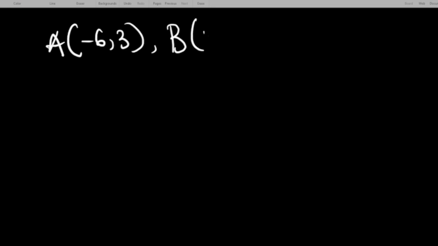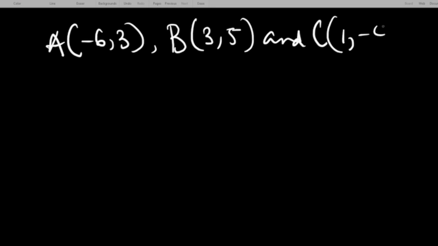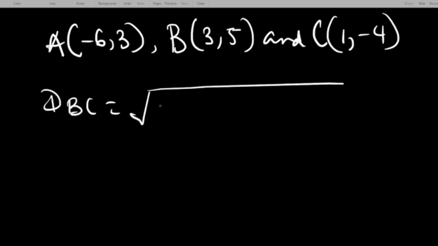We define our given coordinates again. We have point A to be negative 6, 3, B to be 3, 5, and then C, we have 1, negative 4. Again, we now do distance BC. For distance BC, we also use the same distance formula, the square root.